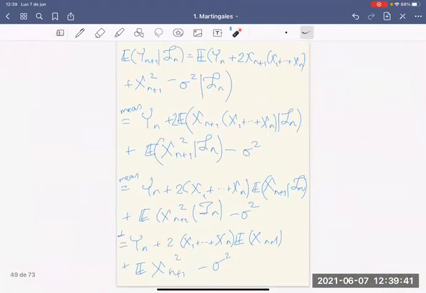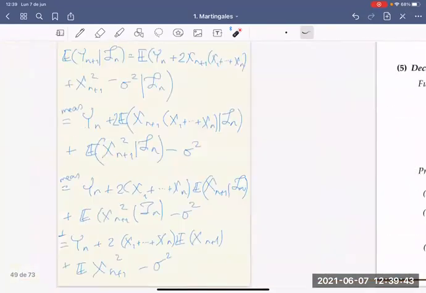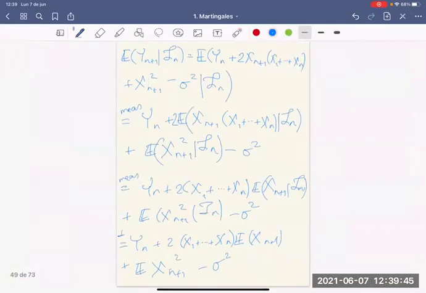So we can write that this thing equals 0. Then it just cancels with this 2. This thing is just sigma squared, which when we take this difference just cancels out. So this thing also goes to 0. And then we have that this is just Y_n, which is of course what we needed to prove.